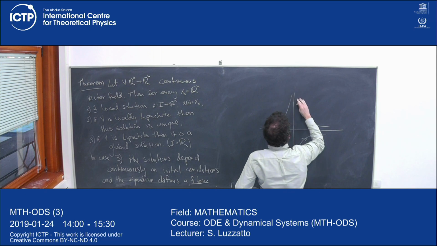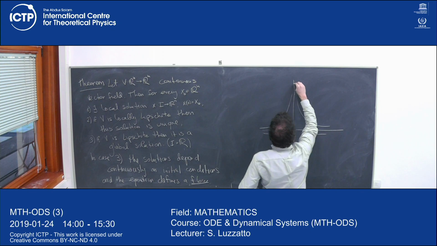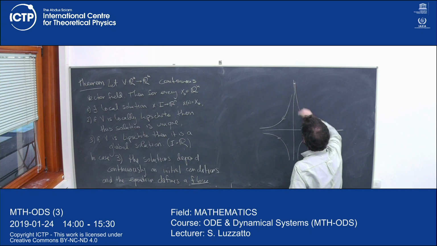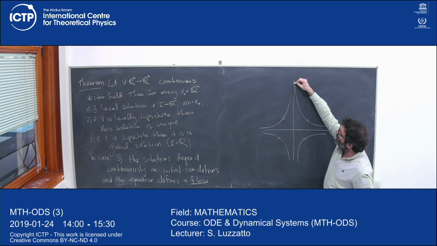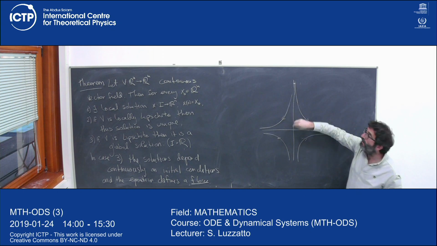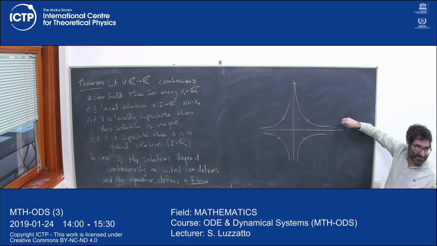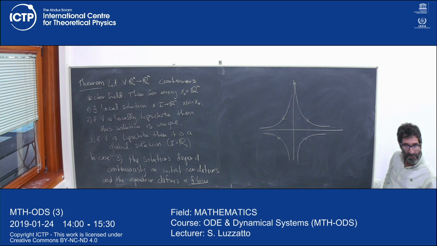Let's look at an initial condition here and an initial condition nearby. If I take an initial condition here, we know that this converges to 0. This was the example. But this initial condition goes all the way here. So what kind of continuous dependence is that? At each t, exactly.